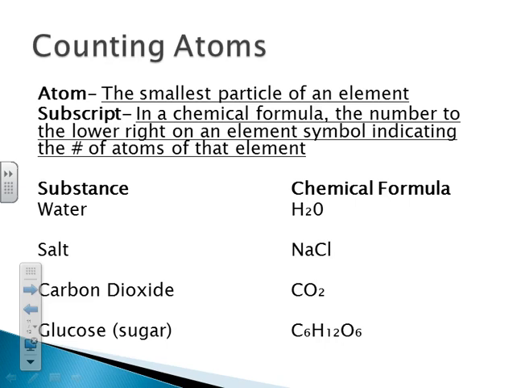Count the atoms. How many atoms are there total in the chemical formula of glucose? Okay, if you said 24, you're correct. 12 plus 6 plus 6. Like I said, tomorrow we're going to do an activity. We are going to learn how to count atoms, and you're going to feel super smart. Okay, can we move forward?